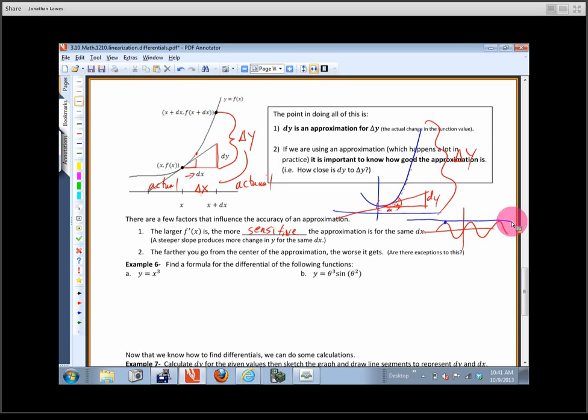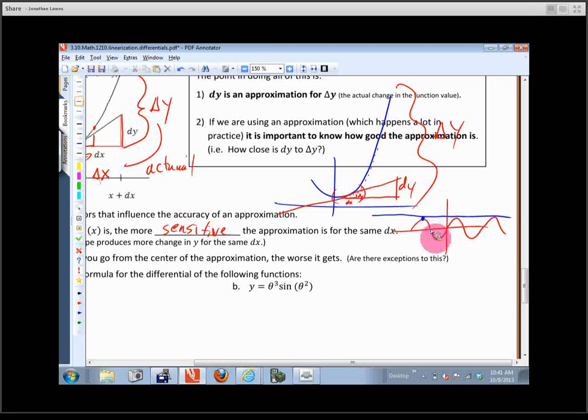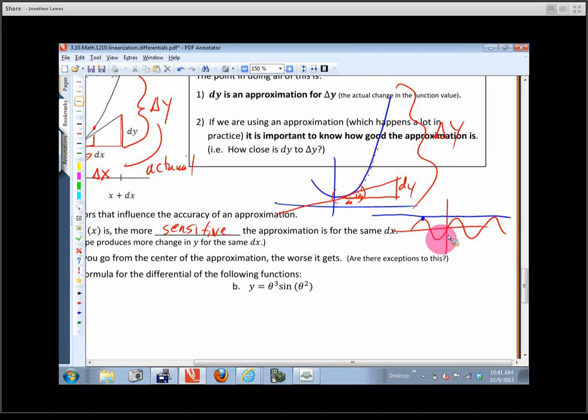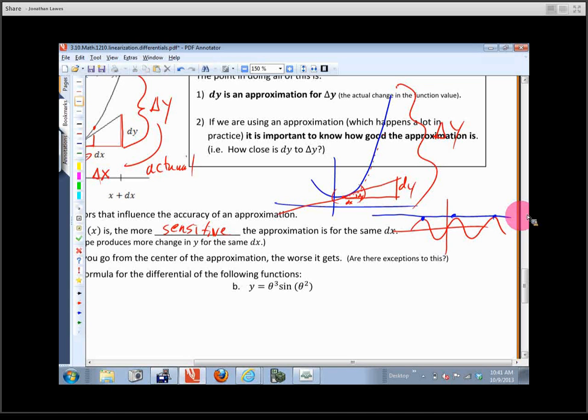Is it a good approximation right around here? I think it's okay. Is it a good approximation right here? No, but then it gets better again. In fact, it's perfect at each one of these places where it actually equals the function value. It doesn't happen very often. I wouldn't worry about that too much. I'd worry about the general ideas.